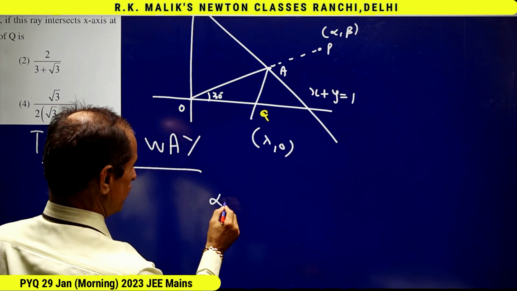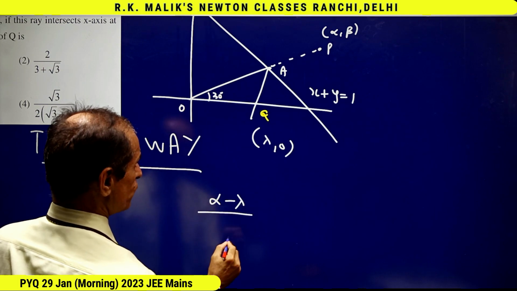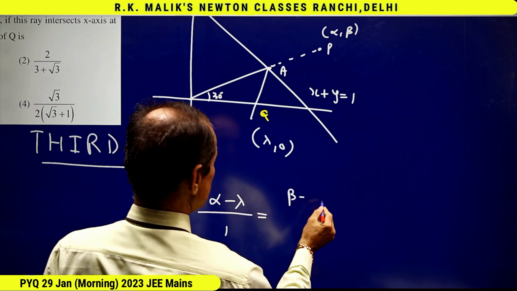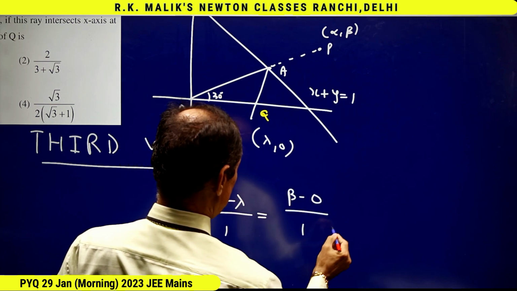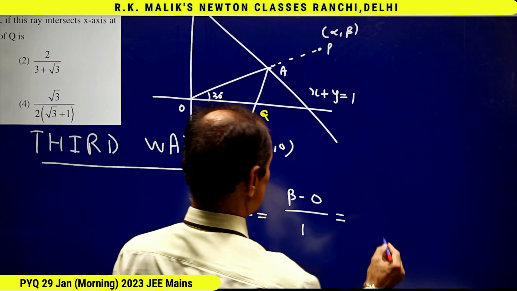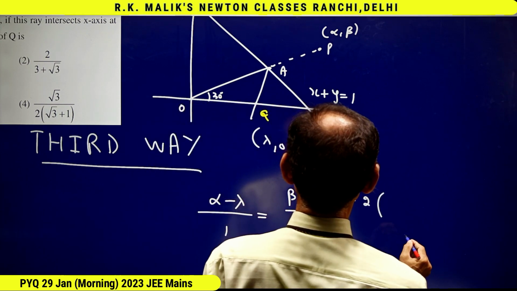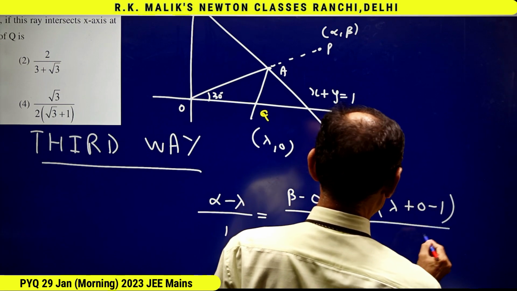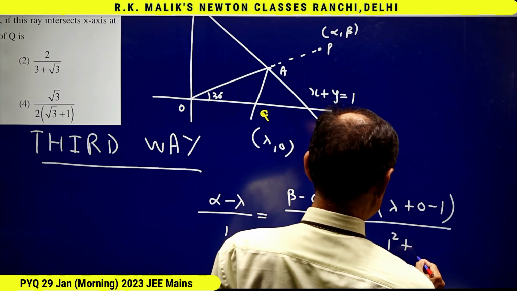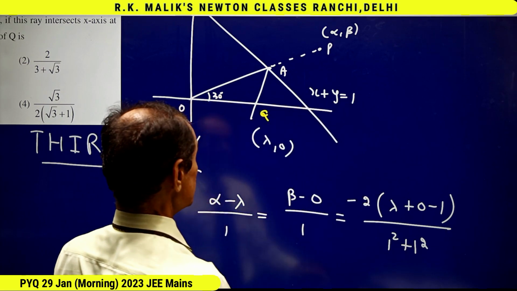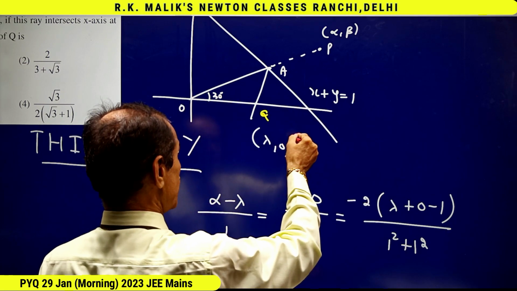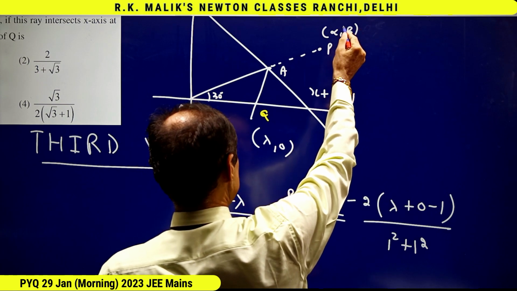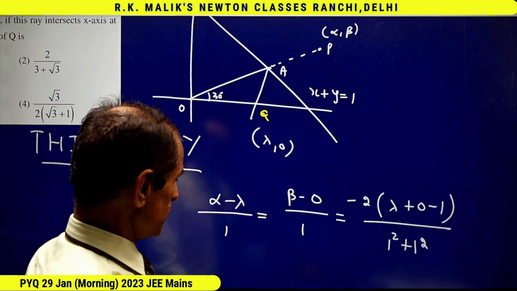I will say alpha minus lambda upon 1, using this line, is equal to beta minus 0 upon 1, is equal to minus 2 into lambda plus 0 minus 1 upon 1 square plus 1 square. Here this is taken as x1, y1 and this as x2, y2, because I want alpha, beta in terms of lambda.